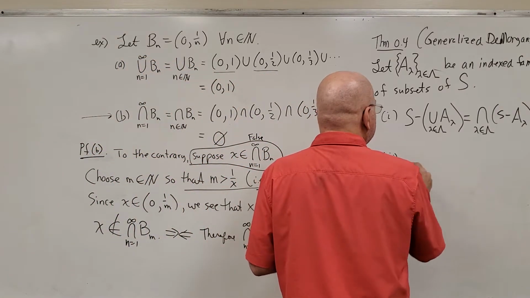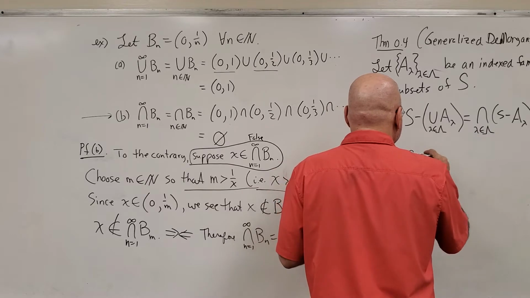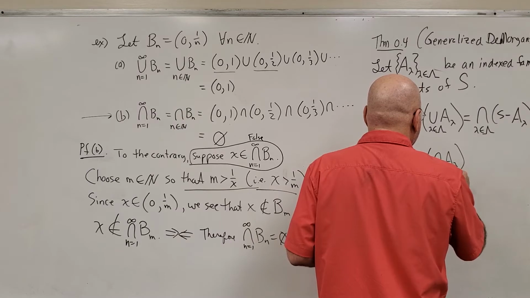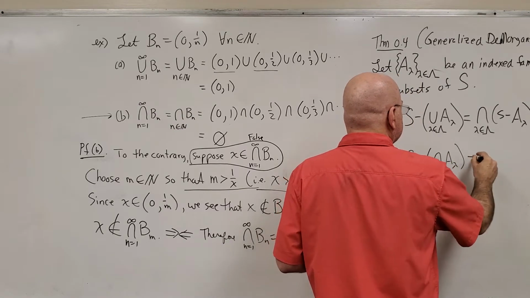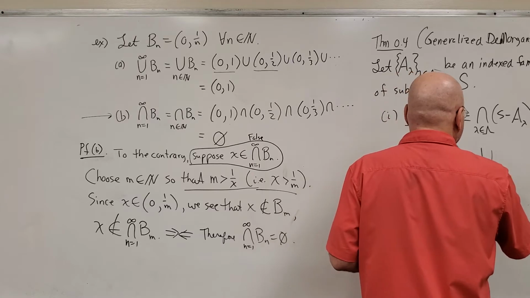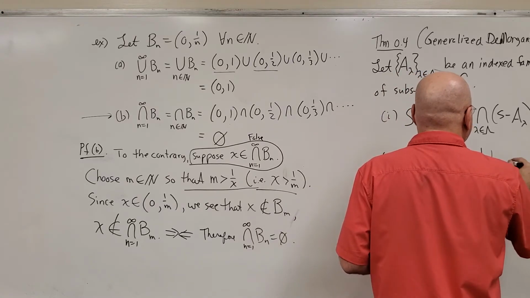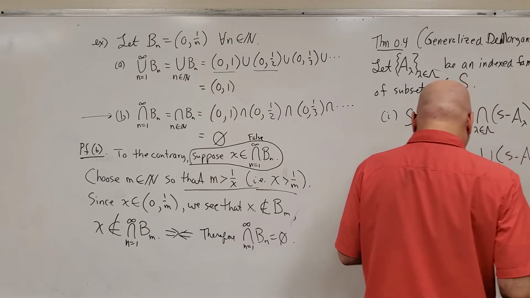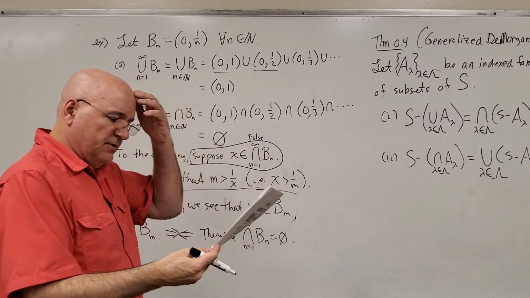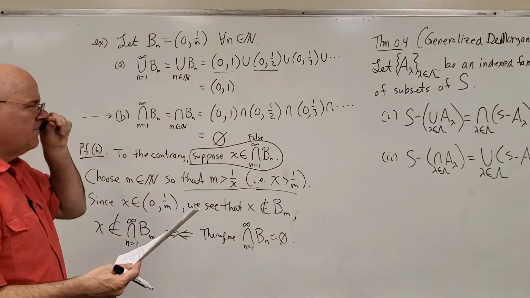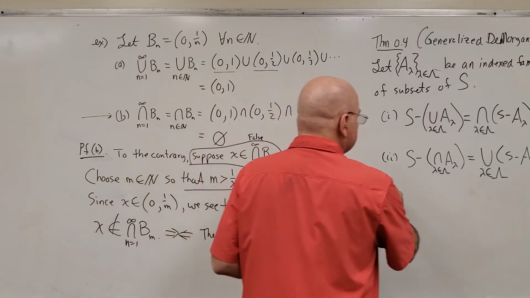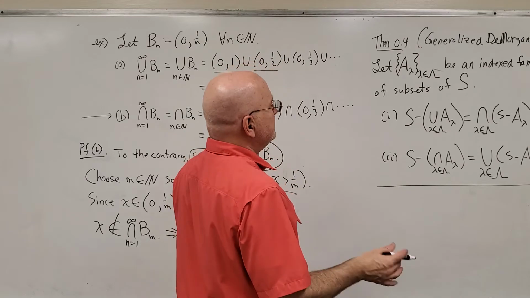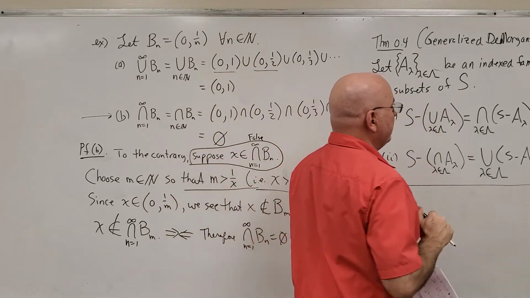And the second one will be flipping unions and intersections upside down. So it's very similar to De Morgan's laws. The only difference is that these are subsets of some S.